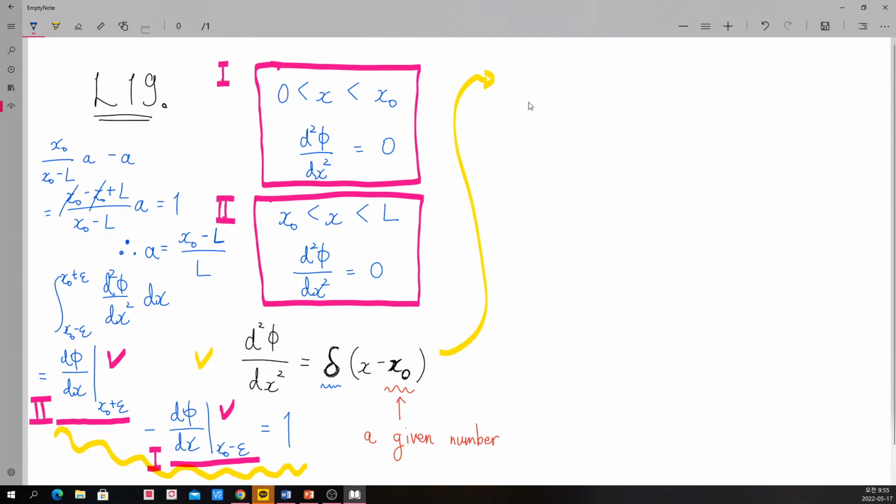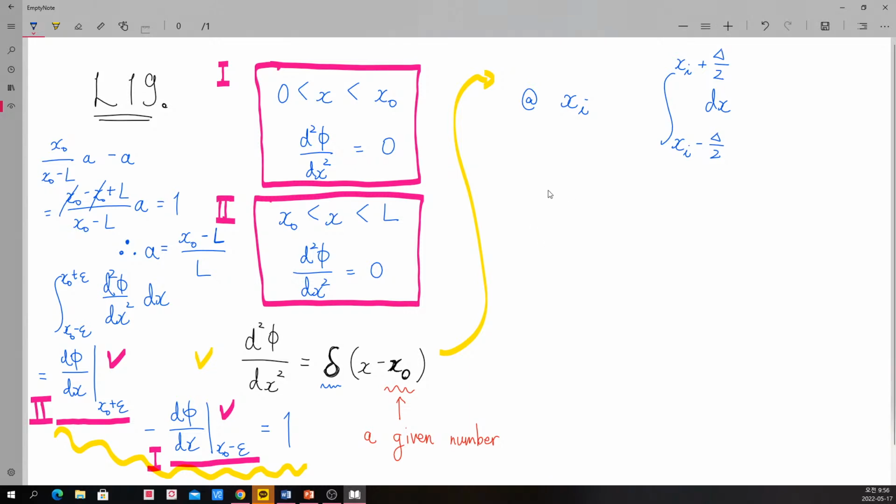For example, at a certain x sub I, you can integrate your equation from slightly smaller than half a distance before x sub I to half a distance after x sub I. Please do it together with me.